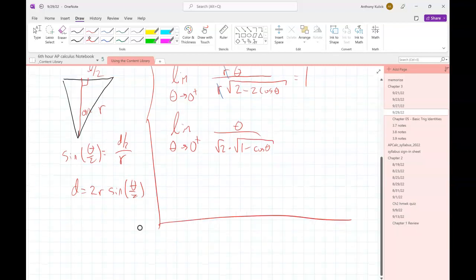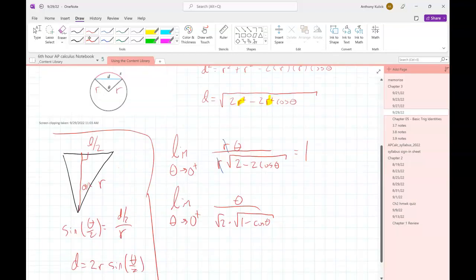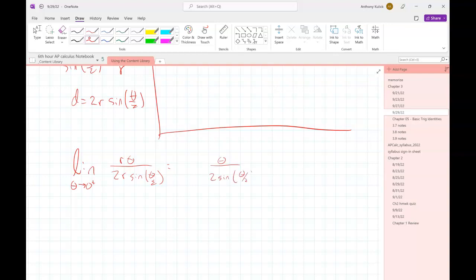And then if you do your limit, what is it? Was it r over d or is it d over r? I now forget which one they put on. S over d, okay. So that gets me to theta over 2 sine of theta over 2.